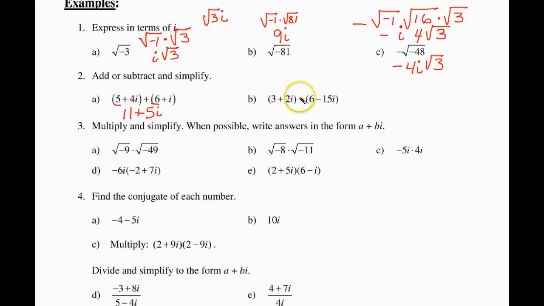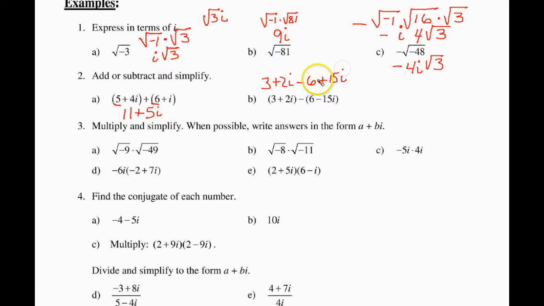Now in subtracting here, what we have to do, and again, take the time to do it, is change these signs. We have to reverse it because of the negative. This will become a -6. This will become a positive 15i.